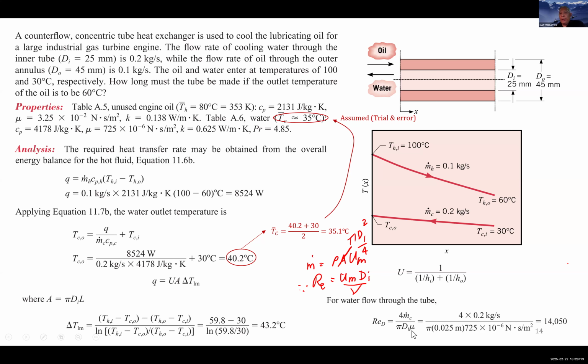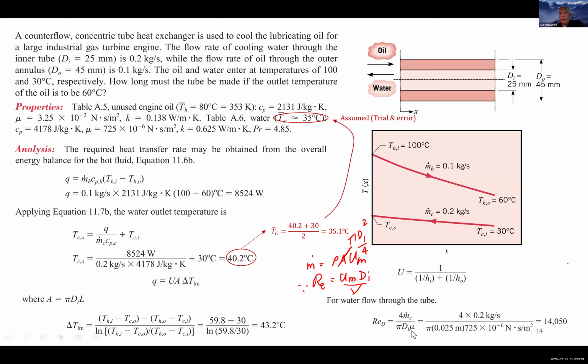Why? HI is for internal flow inside the circular tube. How about the HO? HO is for the flow outside the inner tube, and it's not the external flow either. Why?